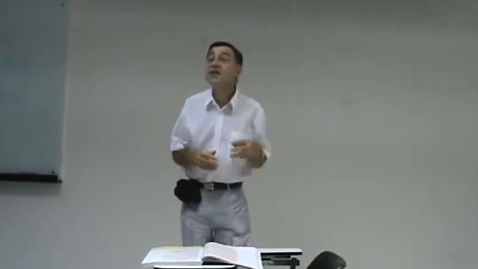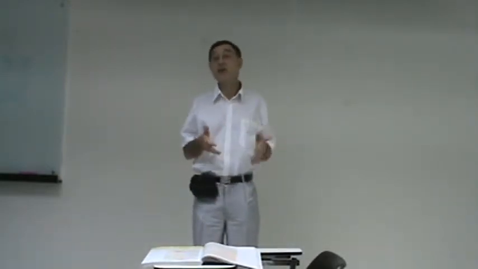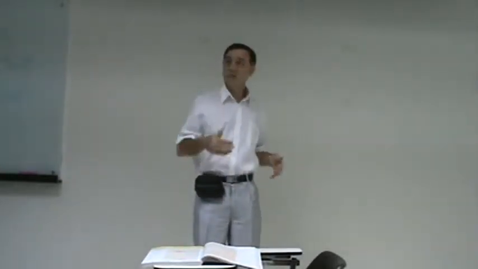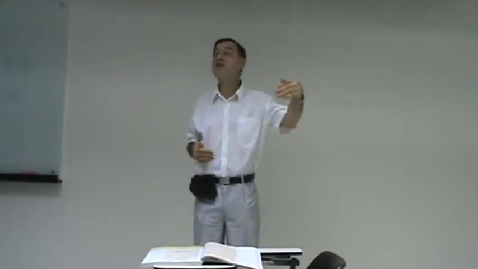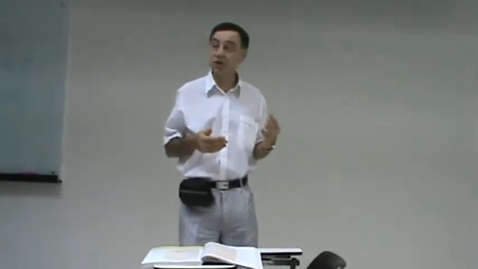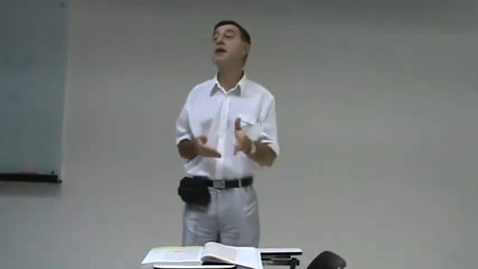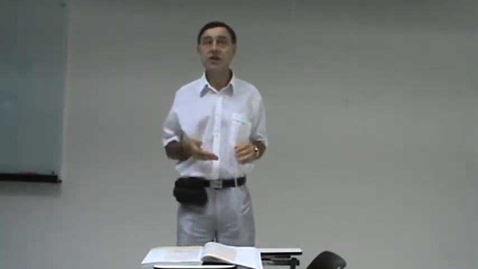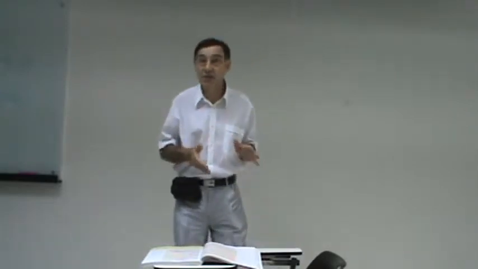Next one is time frame. Plans could be long-term, maybe 2 years, 5 years, 10-year plans, or they could be short-term. Short-term will be 6 months, maybe 1 year. So, according to time frame, it could be short-term or long-term.